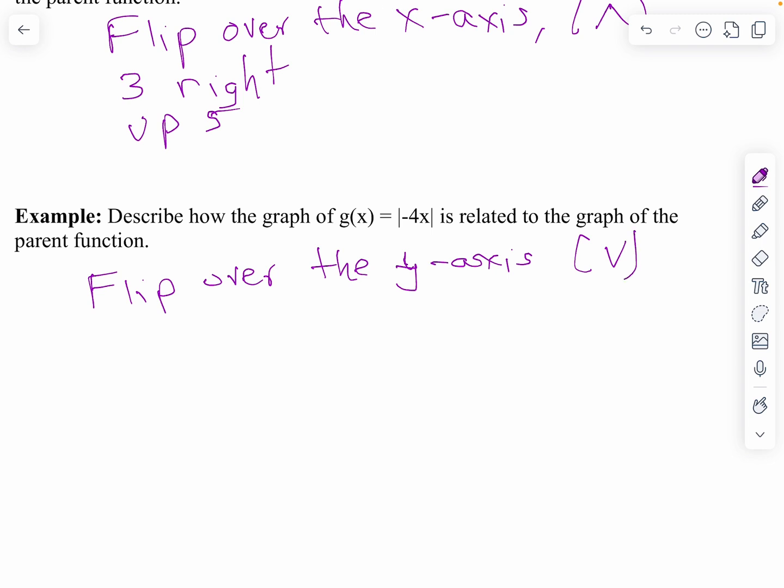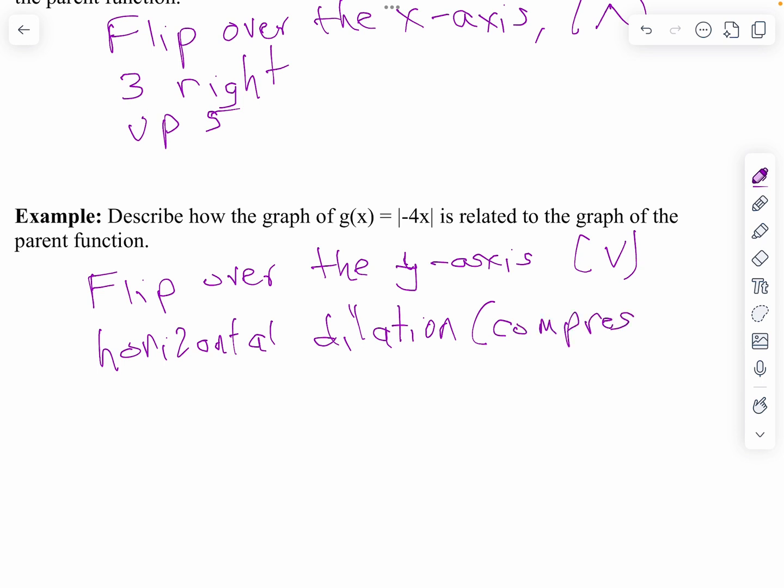But then I'm going to do a horizontal dilation. In this case, it's a compression by 1/4. So in other words, it's going to get wider.